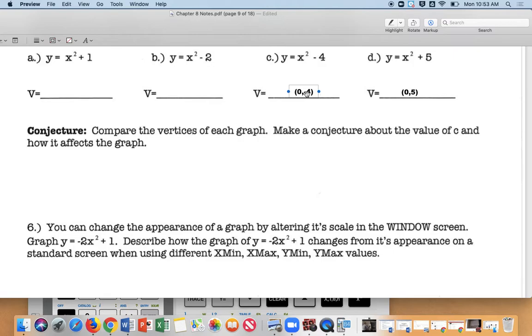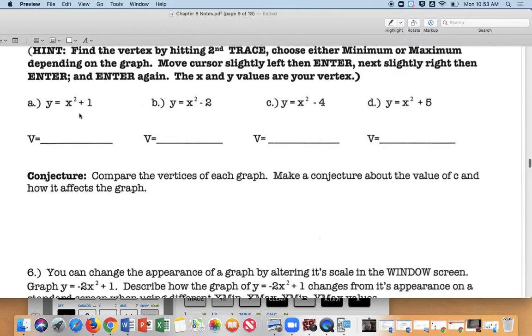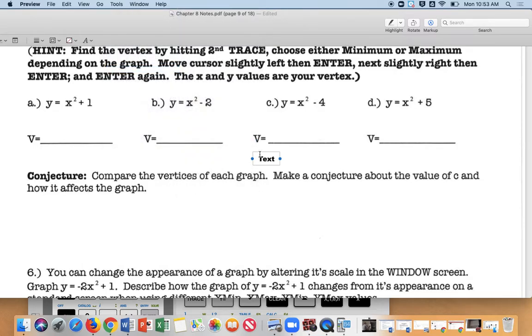So compare the vertices of each graph and make a conjecture. This number outside actually did something pretty cool. What it did was it shifted my graph up or down.